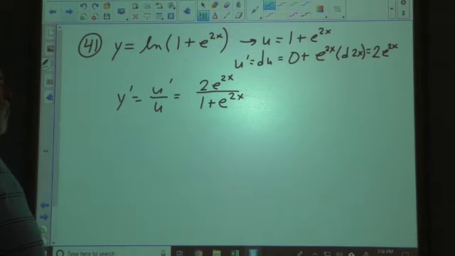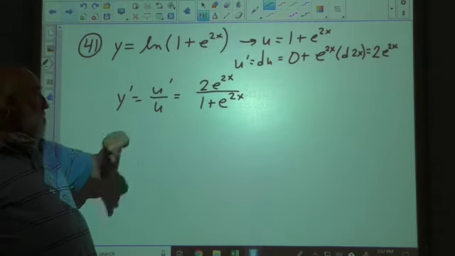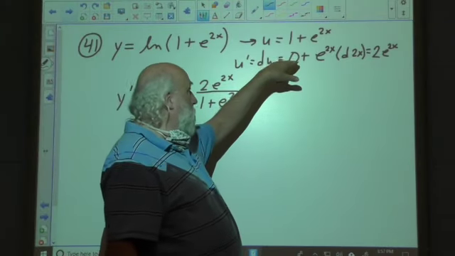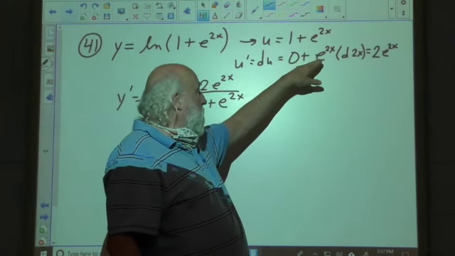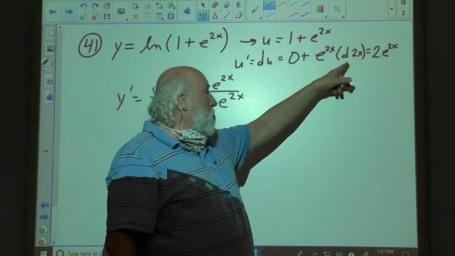So for that one, we have the natural log of 1 plus e to the 2x power. So I decided to go ahead and put u in for 1 plus e to the 2x. The derivative of that, well, the derivative of 1 is 0. And the derivative of e to the 2x is going to be e to the 2x times the derivative of 2x.